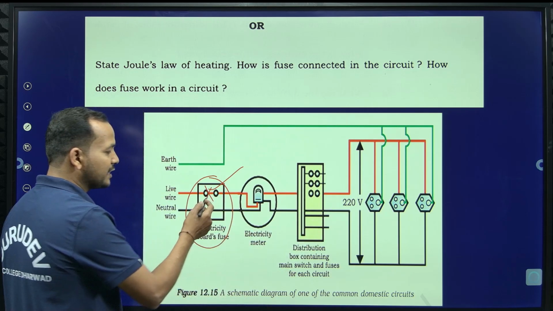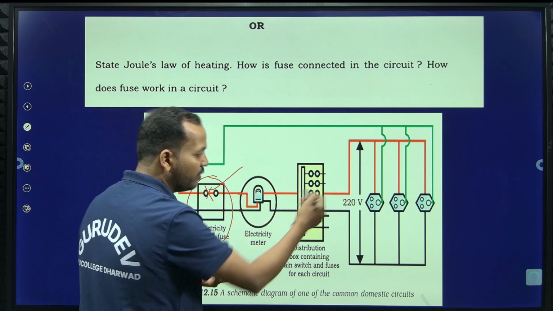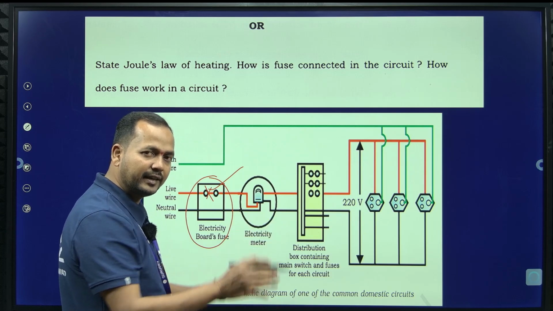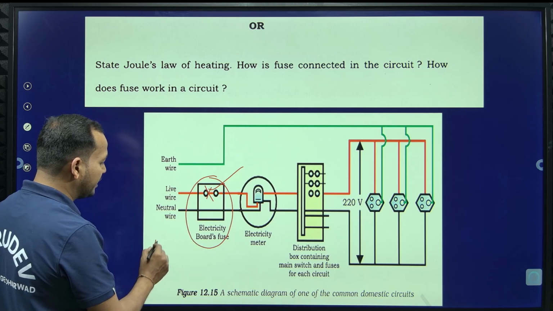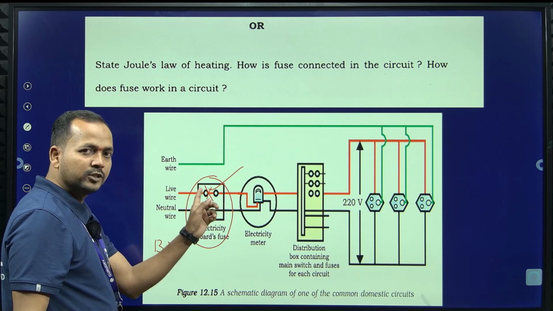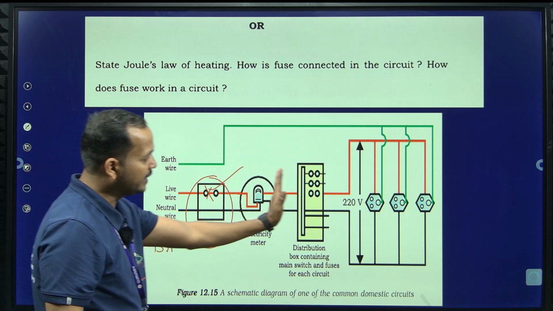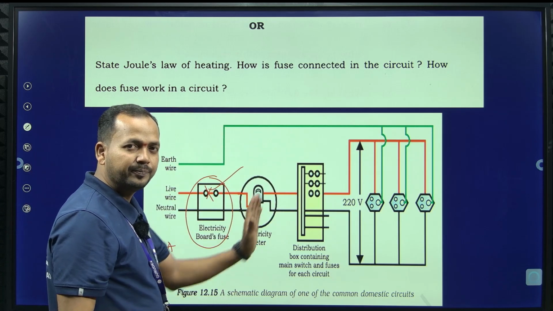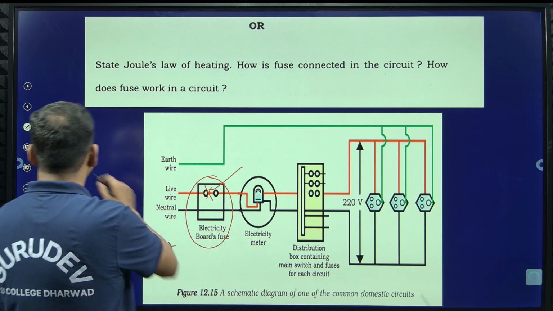If it had a greater capability to withstand, then high voltage would go to our appliances, and they would get damaged. For example, 13 ampere is the maximum current which can be withstood by this fuse. Above 13 ampere it will break, so that we can save our appliances. That is how the fuse works.